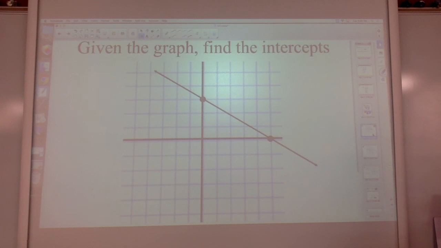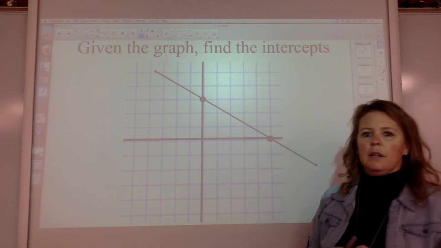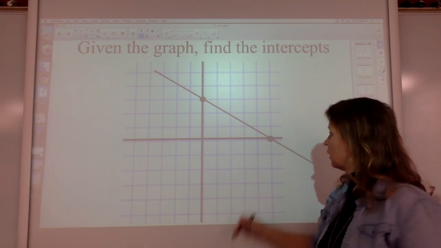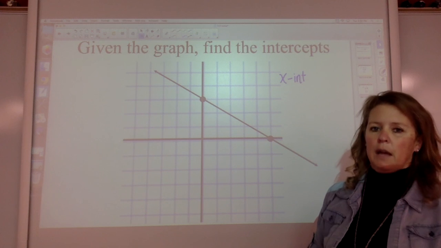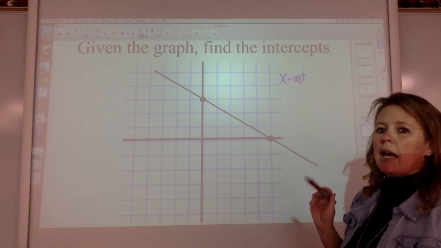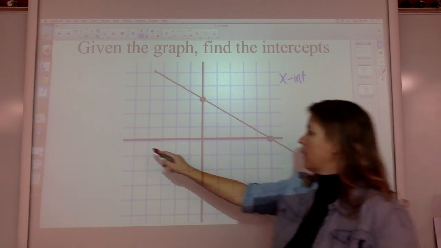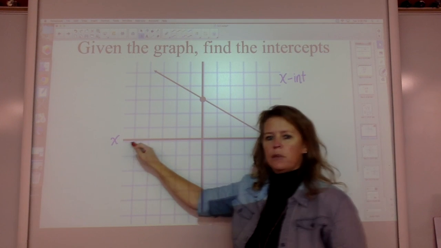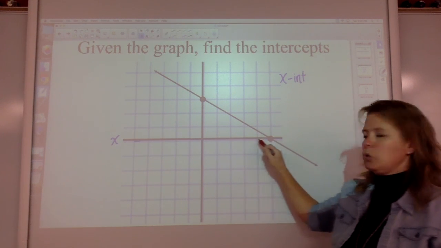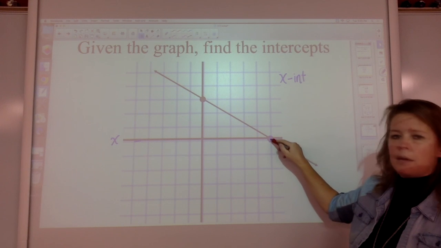Let's throw some graphs into this. Now instead of having an equation, you have a graph. They want you to find the intercepts. You're going to find the x-intercept, and you can abbreviate it like that, x-int. The x-intercept is the one that crosses or touches the x-axis. Here's my x-axis. There's my x-intercept.